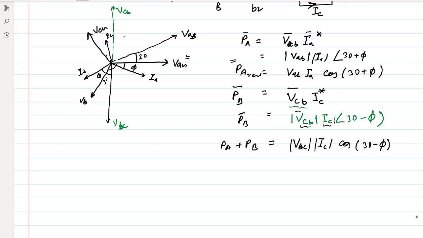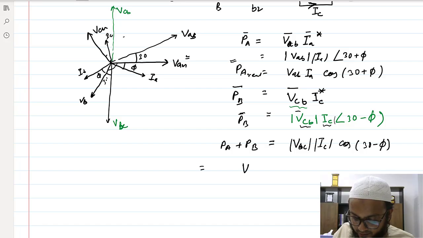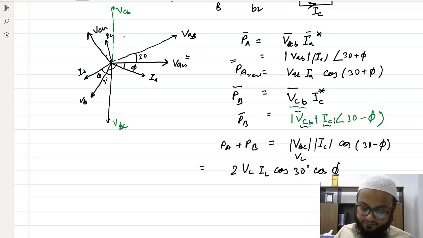Okay, and if you solve it, you will actually get VL. I'm writing VL for the line voltage, because for both of them, AB and BC, they are line voltages. So VL, and IA and IC are the line currents. I am writing IL into 2 times cos of 30 degree into cos of 5.